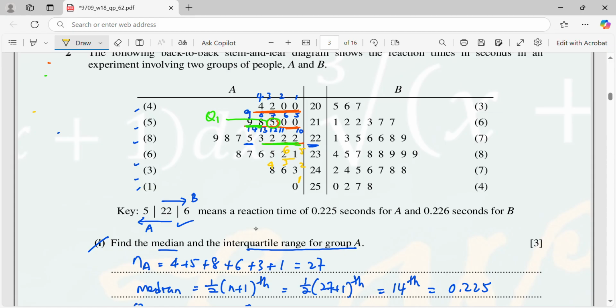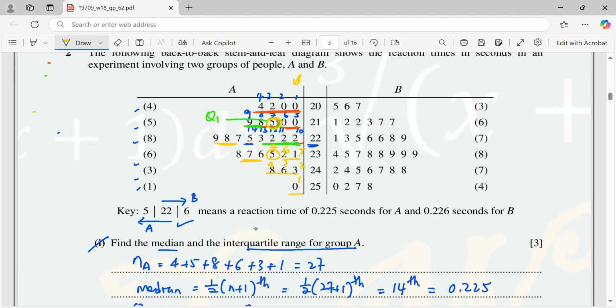So it will be 6 to the left and another 6. Based on the previous calculation, it is data number 7. Therefore, it will be data number 7 from the top. 1, 2, 3, 4, 5, 6, 7. Now let me check. Here 3, here 3, right?